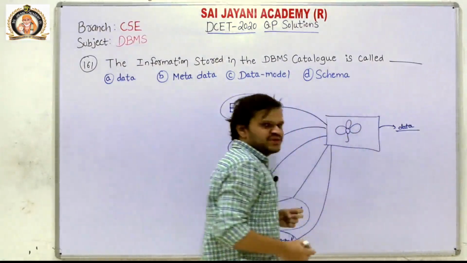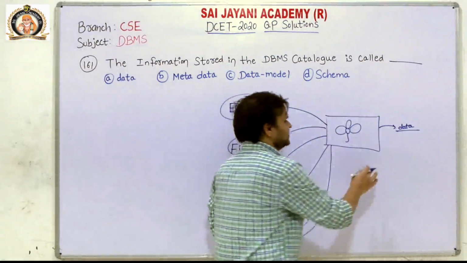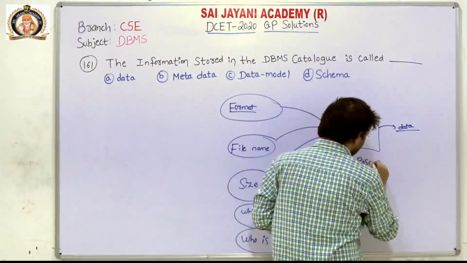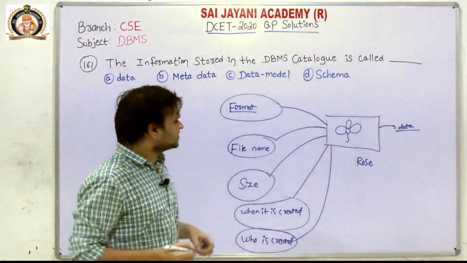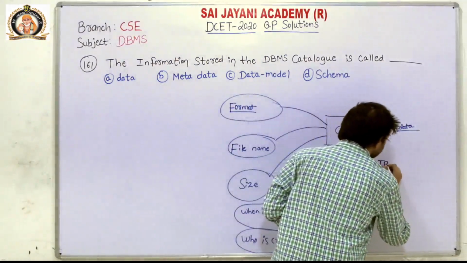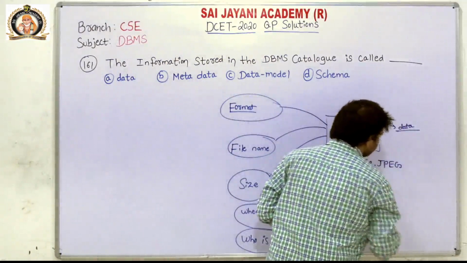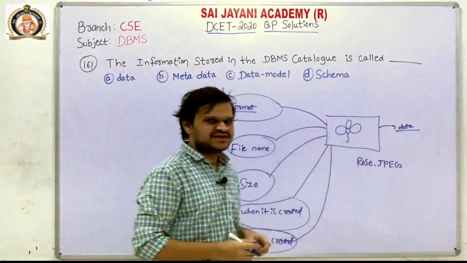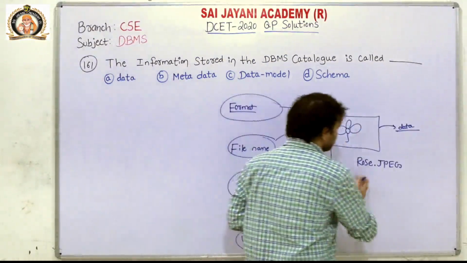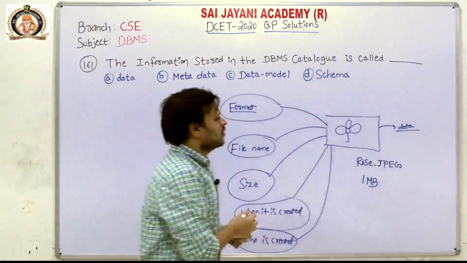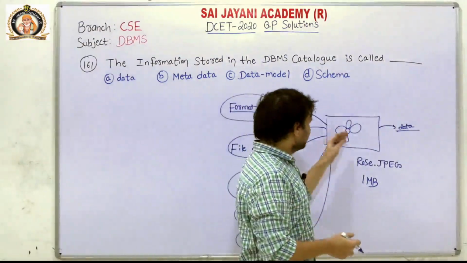For this flower image, I am giving the name as rose, and the format for this image we are giving as JPG format. This image has a size of say 1 MB of memory.